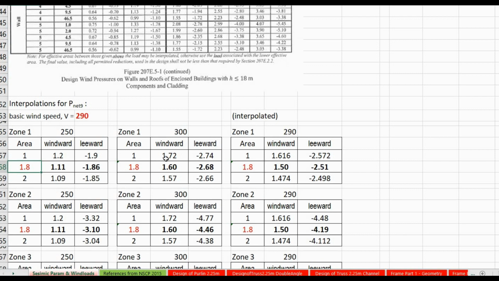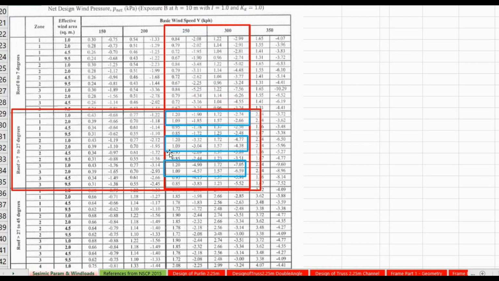So, sa area 1, we have 1.72 dito sa windward and negative 2.74. Yan ay nasa area 1 na 1 square meters. Next, for 2 square meters sa 300 na wind speed, you have 1.57 sa windward and negative 2.66 sa leeward.